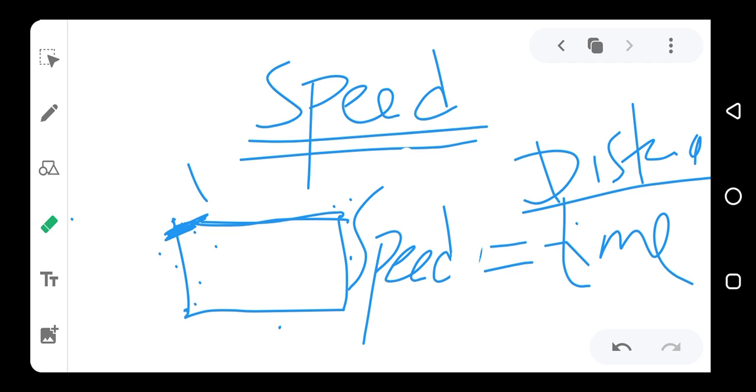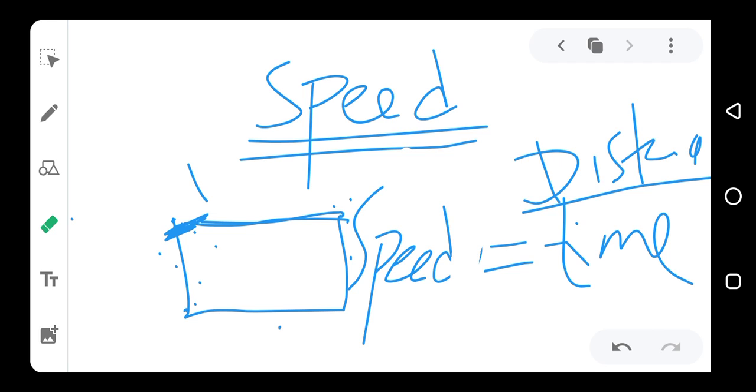So you can write it in full speed or you can write v, but this is conventional. Actually, you can use anything you like to represent it, but for uniformity we use v for velocity and speed, and we use s for distance and displacement.